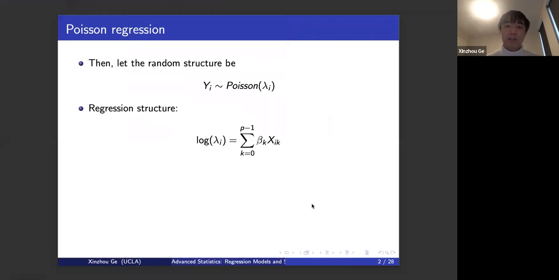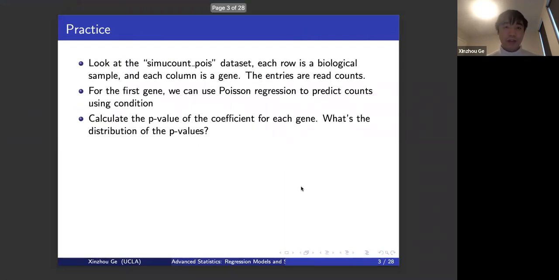So far we know how to calculate the p-value for one of the genes. The next question is, how can we calculate the p-values for all the genes?